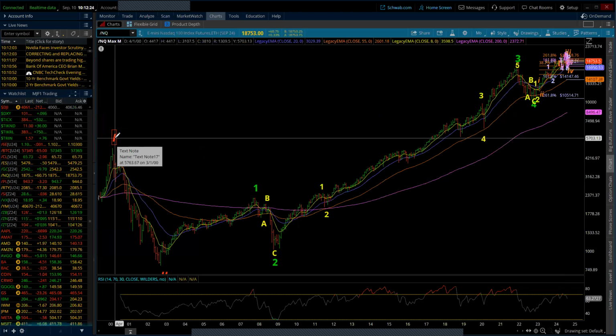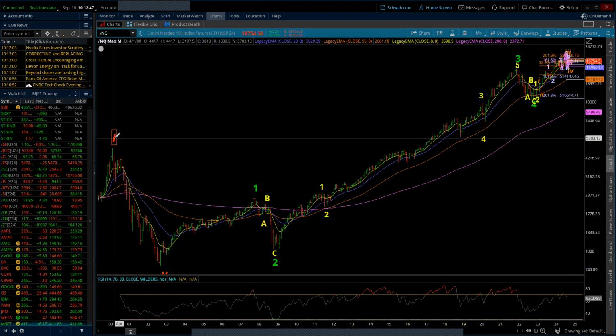So NASDAQ, a newer index. I'm not really going above cycle because, in my opinion, it's not been around that long. It's like when we go to super cycle, which you can do in the Dow and the S&P because you have over 100 years of data. So those waves, you build them out and they become that large.